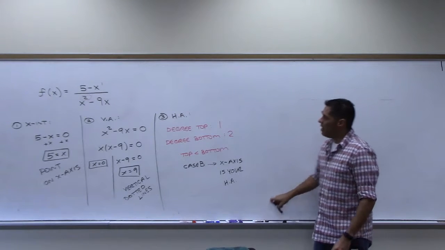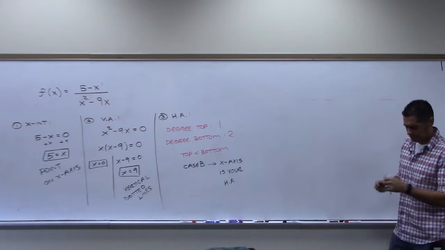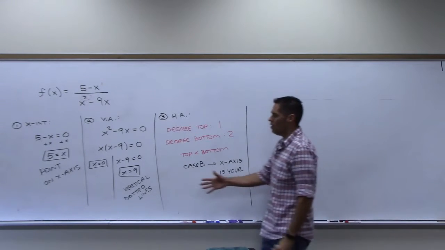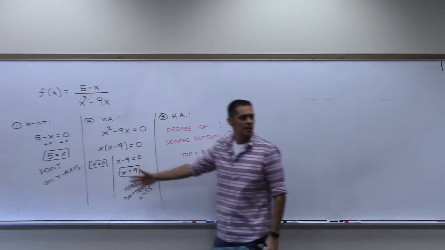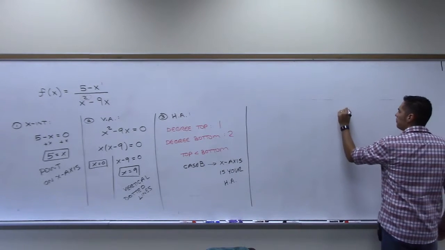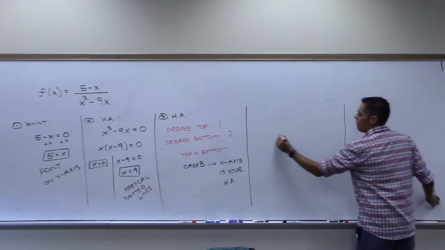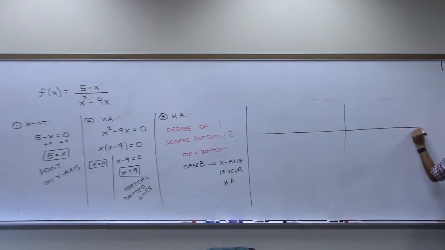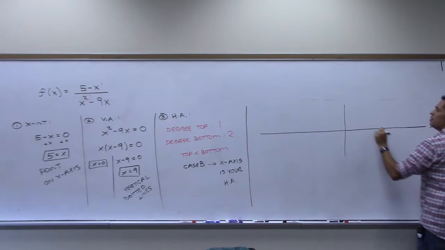All right, what's next? Step 4. Take all this information that we just got and put it onto a graph. So here we go. Draw my x and y axes. Give myself plenty of room.